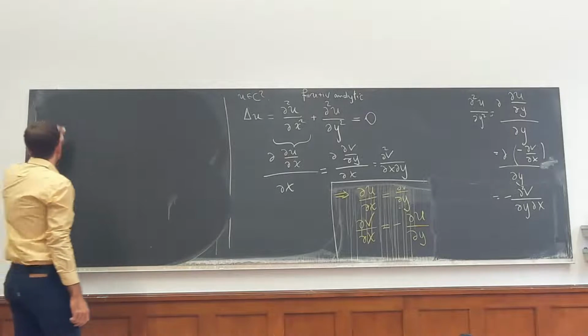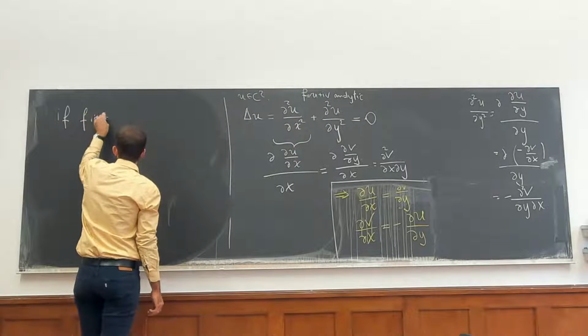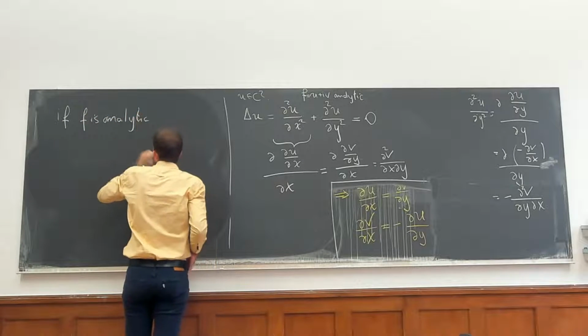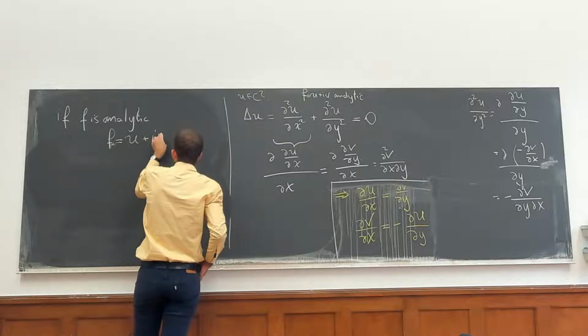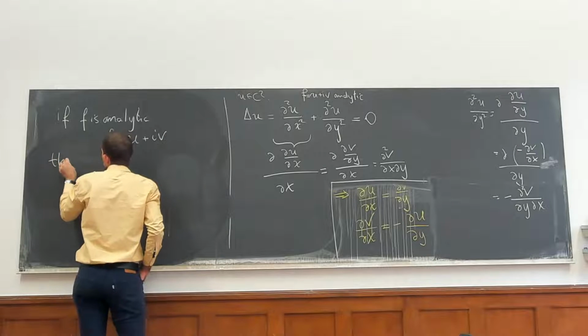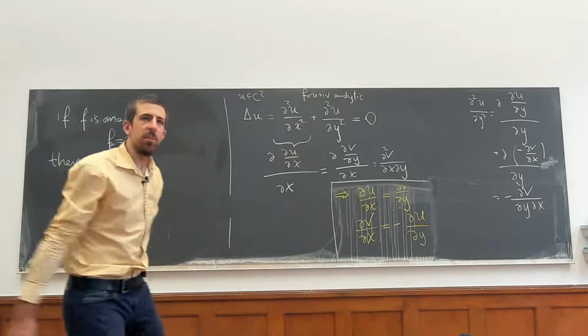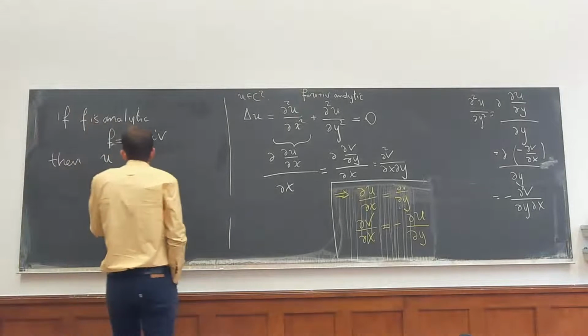Okay, but what we saw is if f is analytic, we write f is u plus iv, then u, I mean, I did it for u, but it's housekeeping to do the exact same thing for v.